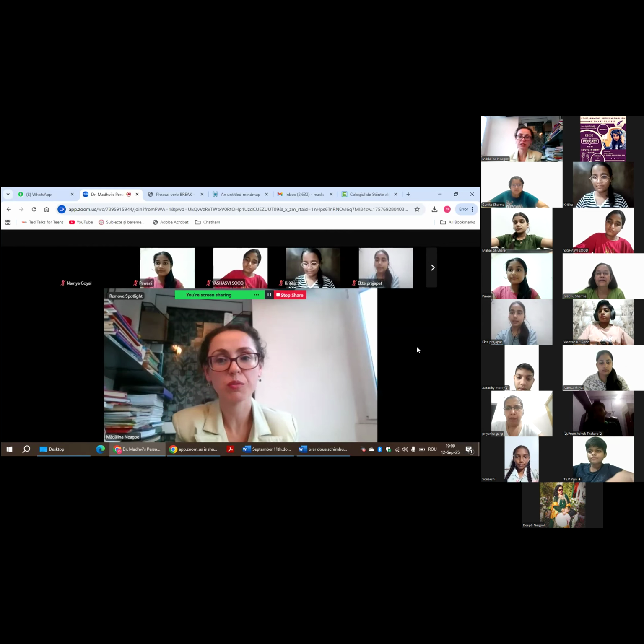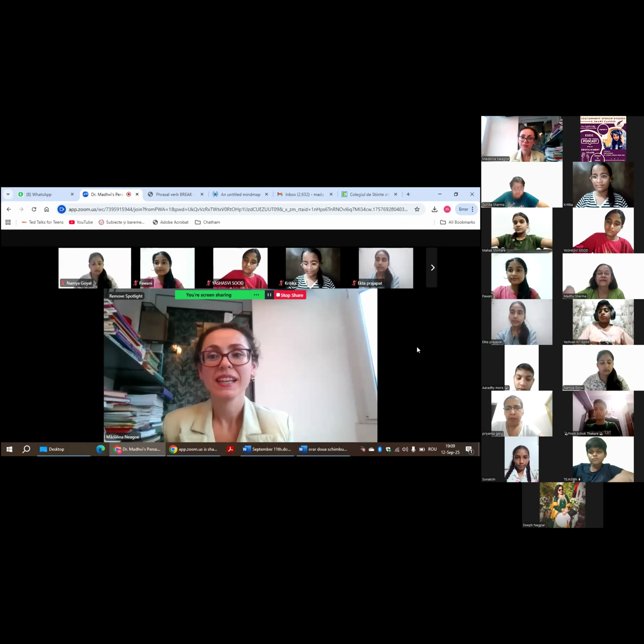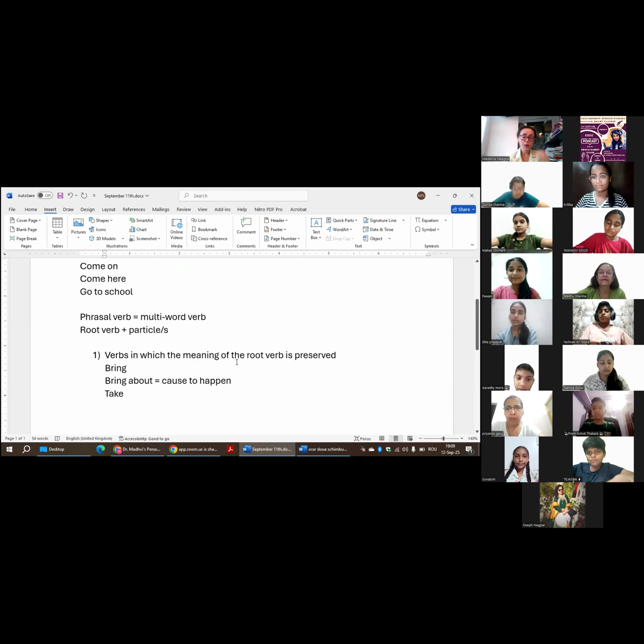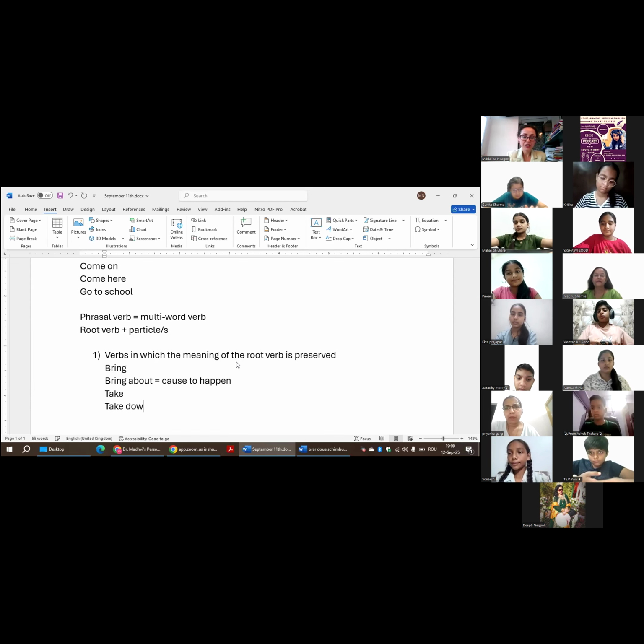You can take somebody from school. So we know that take means to move from one place to another. If we add the adverb down, take down, the meaning of take doesn't really change because it still means to move, but down shows us the position.